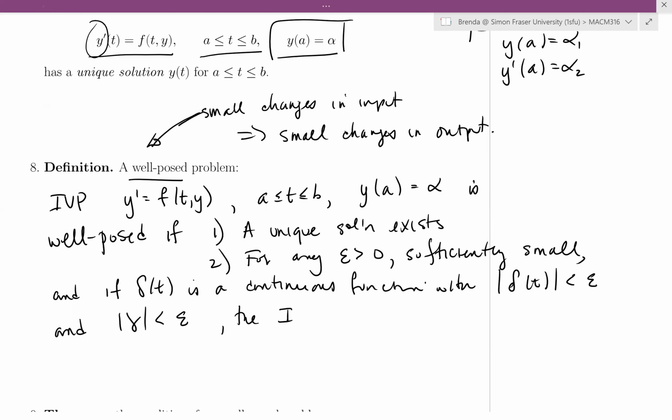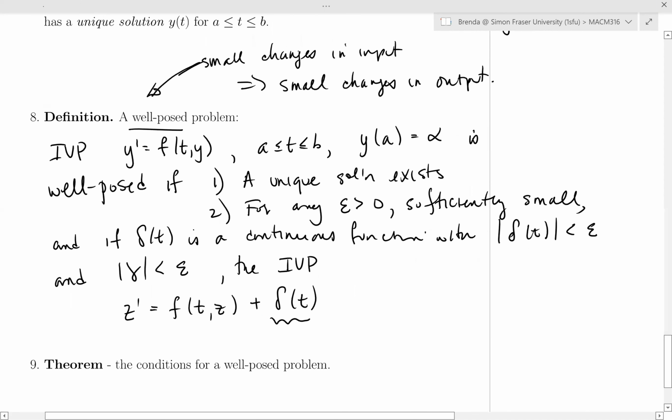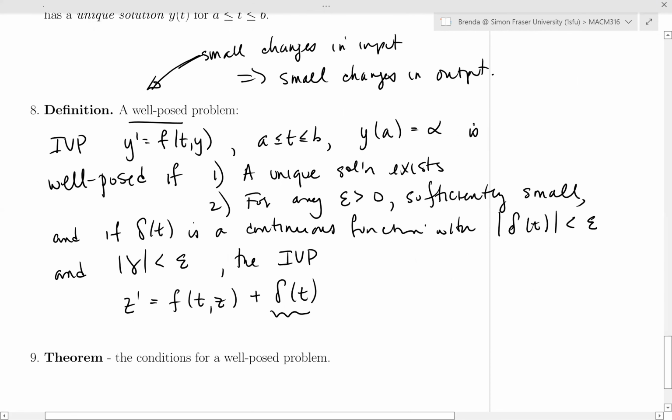The initial value problem, where we consider it like this, plus some small jittering to the input, we get this initial condition.